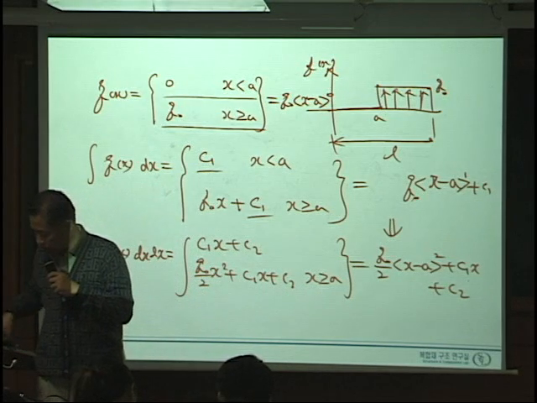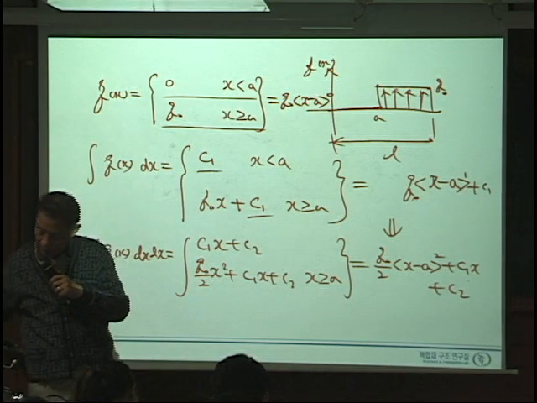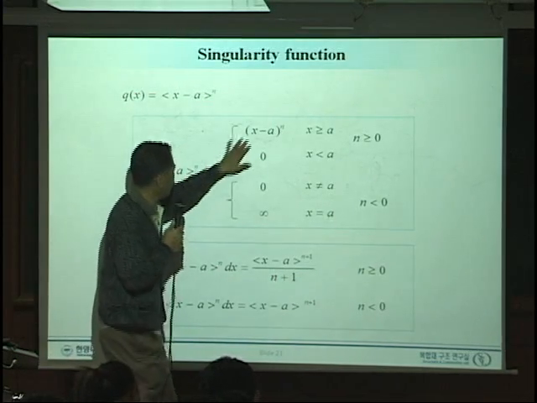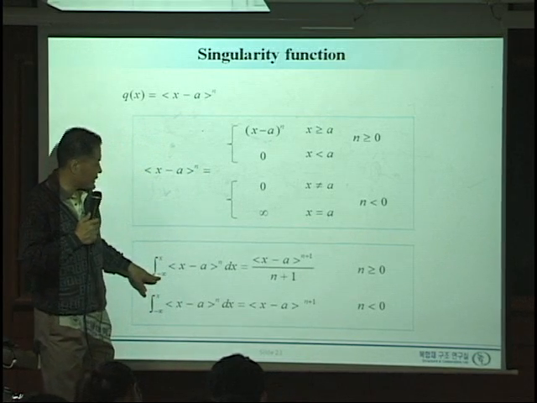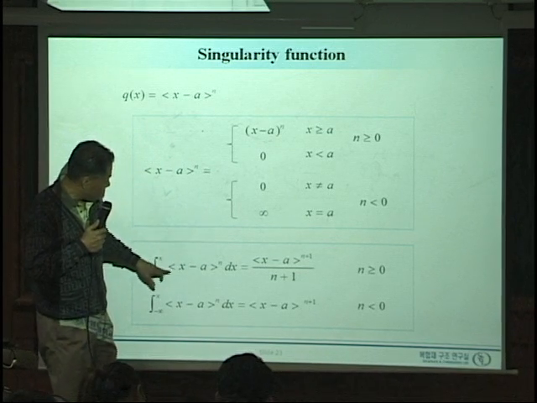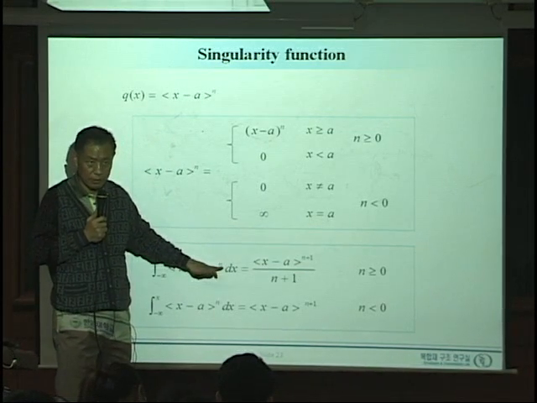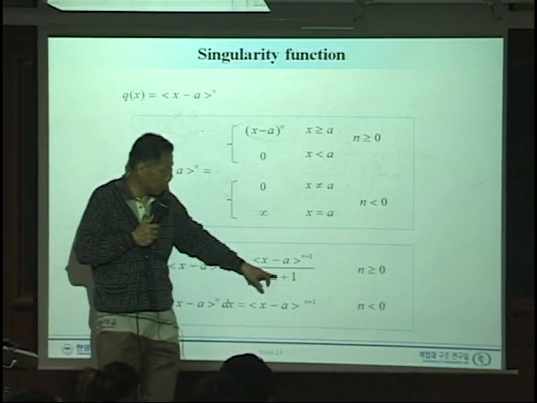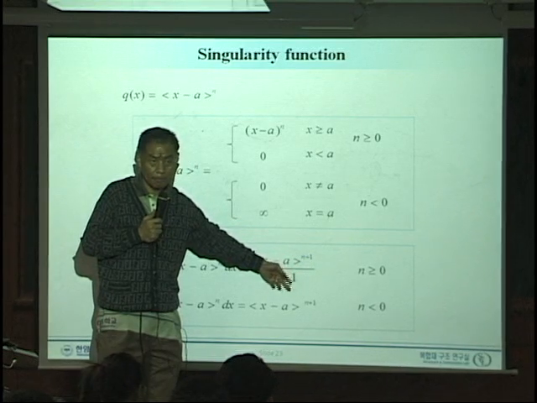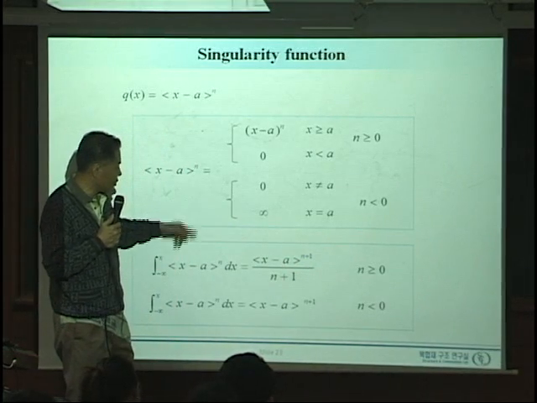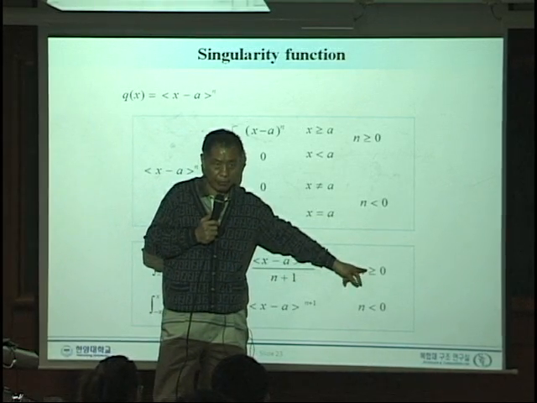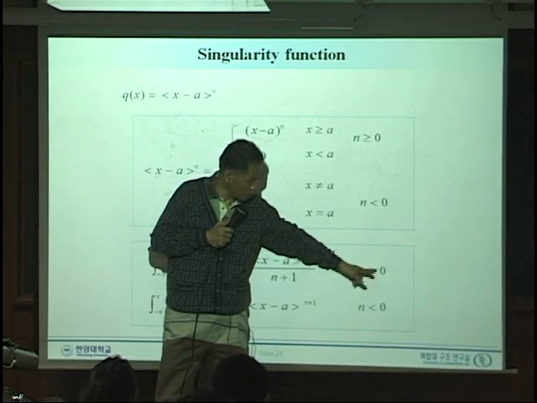So the point here is that once we define it this way, then integration can be done as usual. (x minus a) to the n power, integration will give us power n plus 1, right? But you have to remember that n should be 0 or positive, greater than or equal to 0.